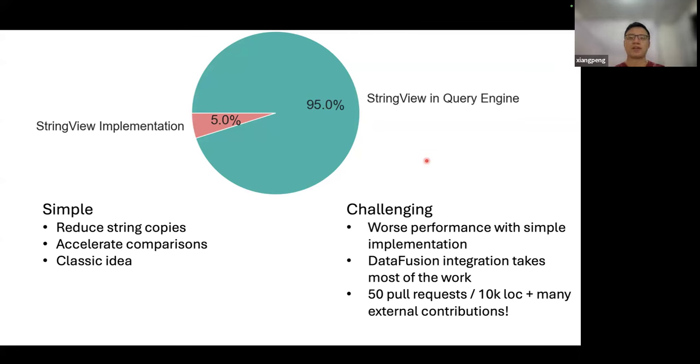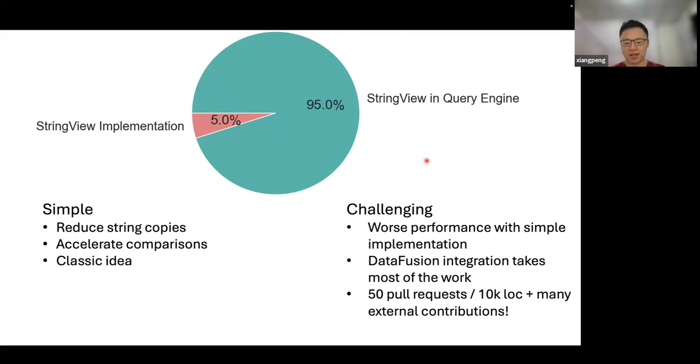What we found is that a naive implementation of StringView in DataFusion makes almost every query slower, and some of them are 20 times slower. So it needs very careful implementation, very careful profiling and optimization. DataFusion integration takes most of the work.